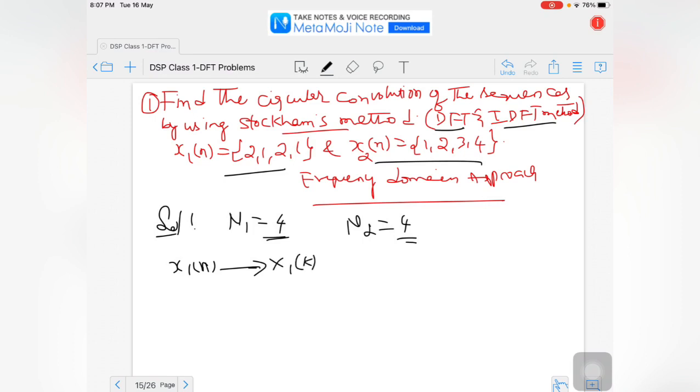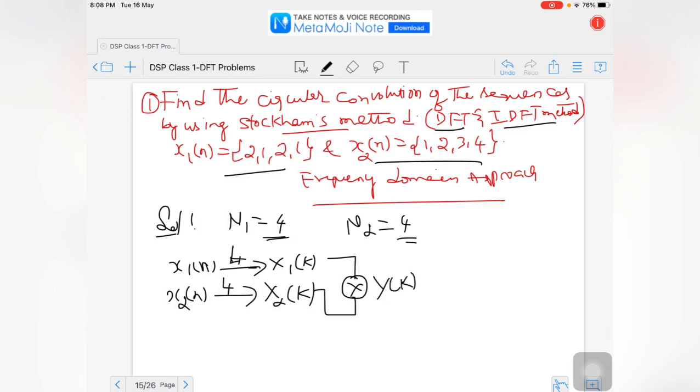Then for x2 of n, you calculate the 4-point DFT and get x2 of k. Once you know x1 of k and x2 of k, multiply these two to get y of k.